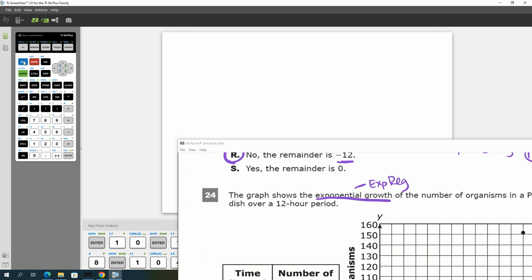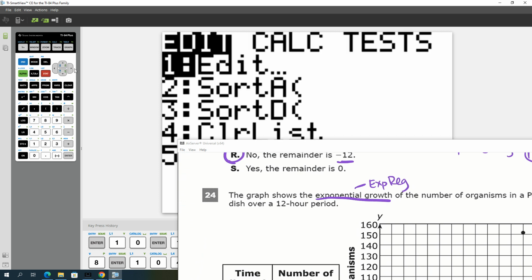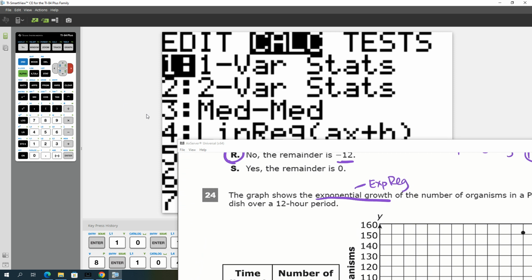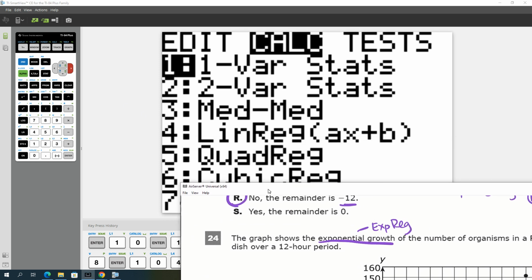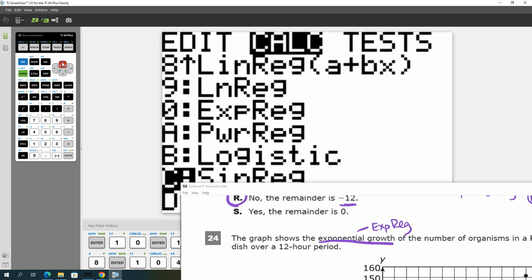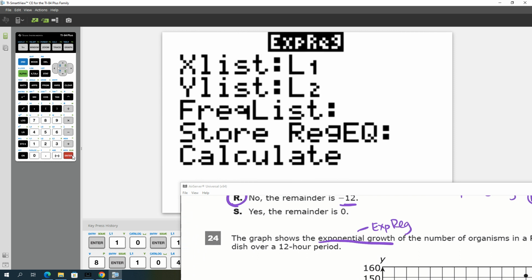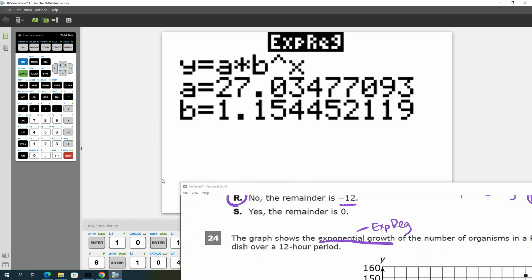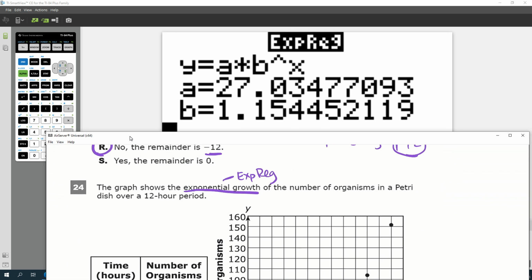All right, sorry, someone knocked on my door. All right, so we're going to go back to stat and go over to calc. And what we're looking for is exponential regression, and it is at 0. So you can scroll up or down to get to 0 for exponential regression, and then hit enter, and then hit enter several times. Okay, so that's my regression equation.